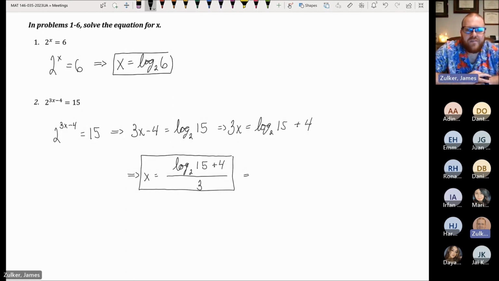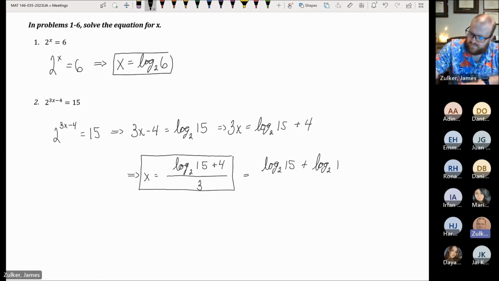No, that can't be reduced. However, 16 is 2 to the 4th, so log base 2 of 16 is 4.